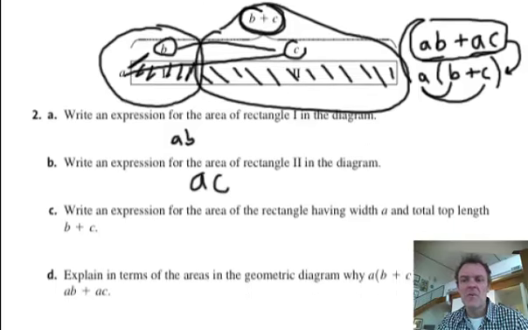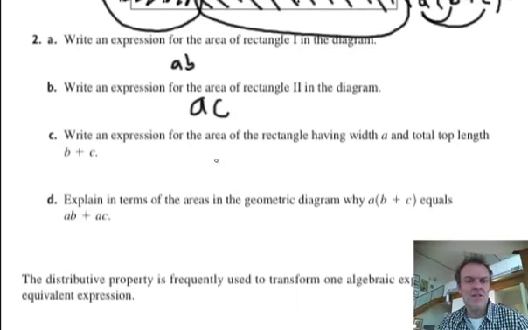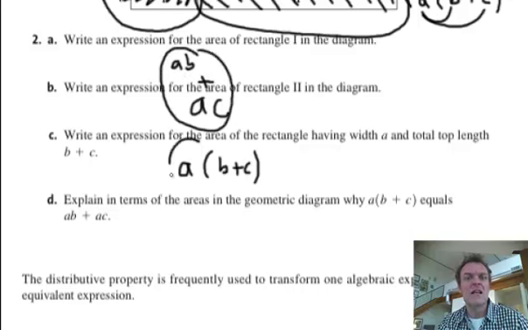But if you put them both together, the whole length was B plus C, still multiplied by that little width. If I add these two together for the two rectangles, of course I'll get that. When I do the distributive law, there's the AB and there's the AC, okay?